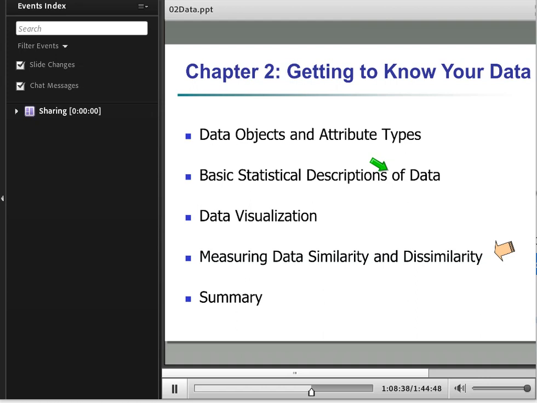For example, what is data mining, or what is clustering? What are the main methods of clustering, or something like that? My questions in the final exam are very general.